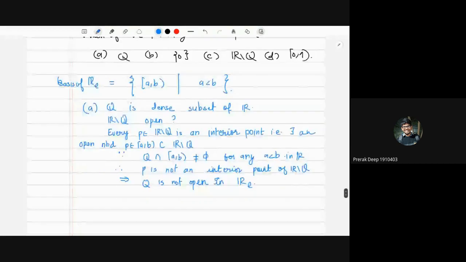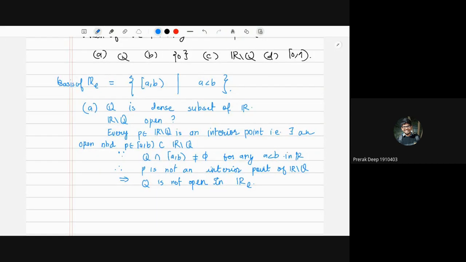The similar logic can be applied for option C. Similarly, R minus Q is nothing but the irrationals, and Q is not open. It is also not open in nature because it doesn't contain intervals of such kind.